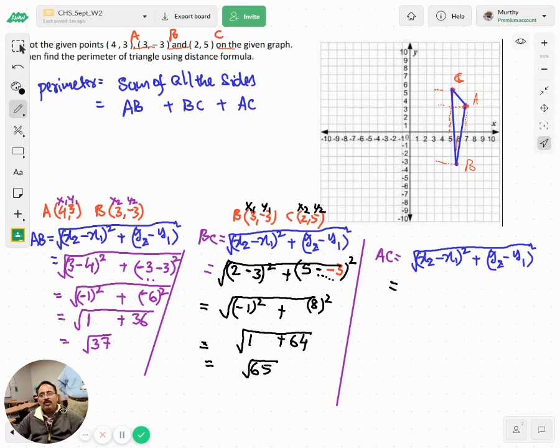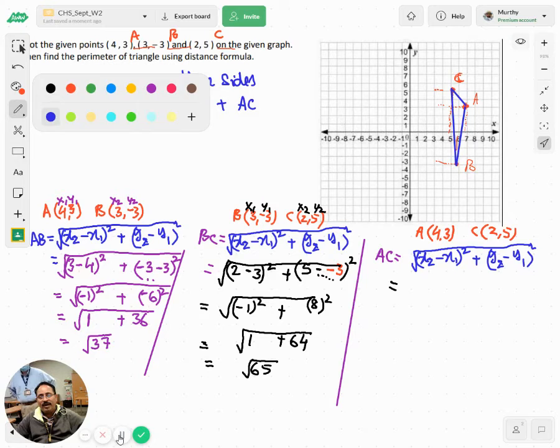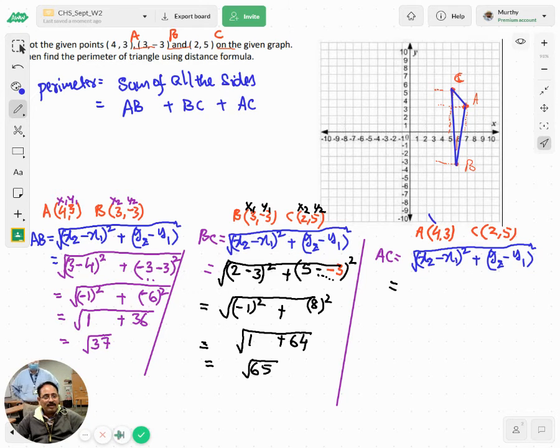Now the last part is I'm taking AC, so point A, which is 4 comma 3, and C is 2 comma 5. So easily I can identify. It's better to write it as x1 y1 x2 y2, so we can avoid a lot of confusion.